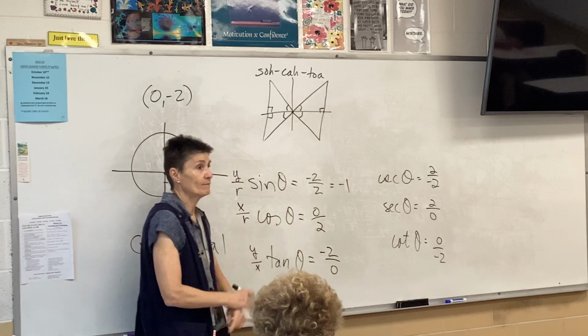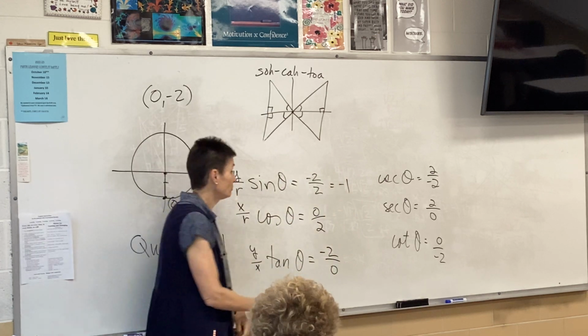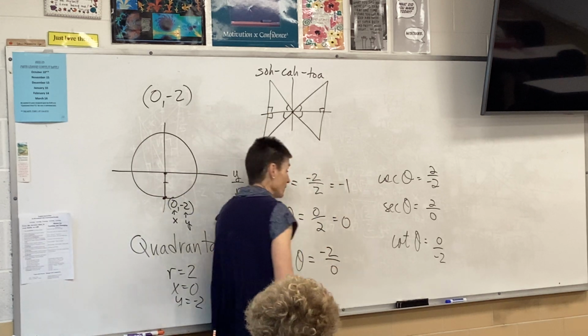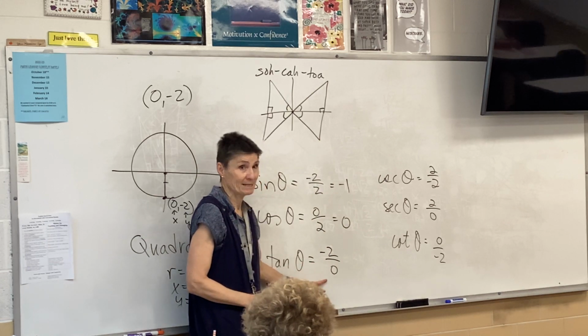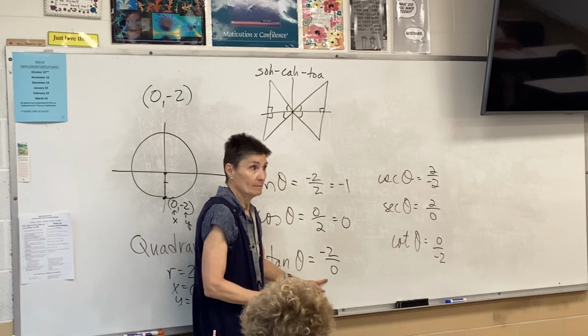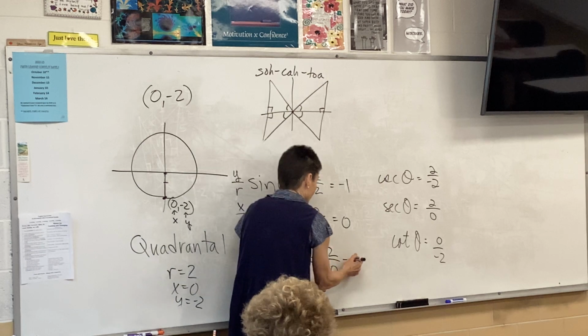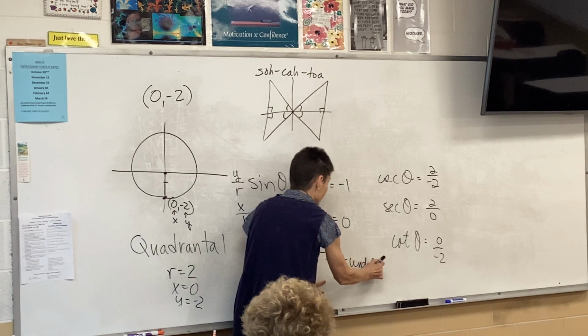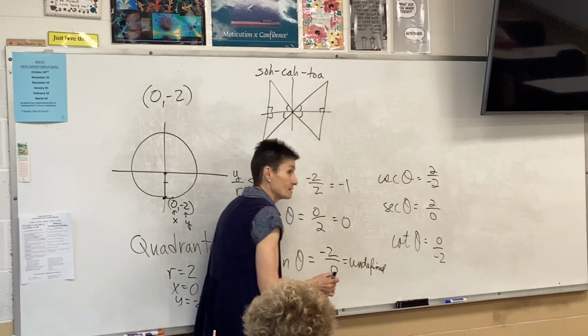What is 0 divided by anything? 0. What is anything divided by 0? Undefined, right? You can't divide by 0, or as Hollis says, you can't sit on the egg.